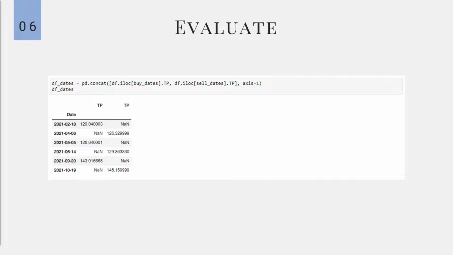So first of all we make a data frame in which we have the prices of the buys and the sells. In the next lines we just change the column names, and now we will calculate the profits.